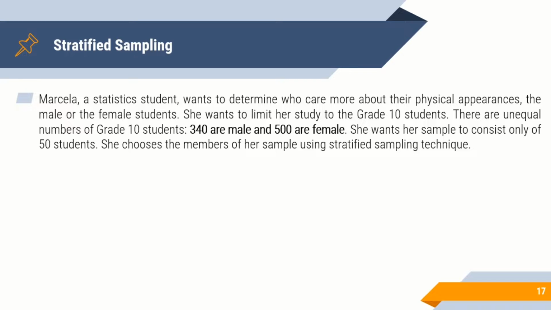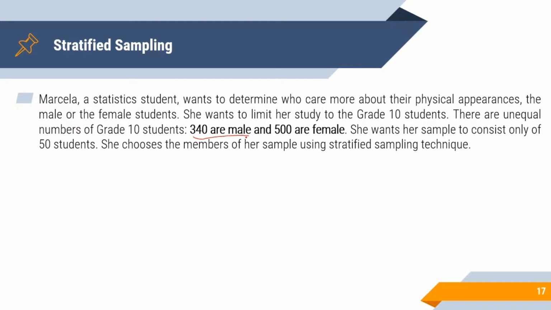So in this example, na-subdivide na yung population natin into two strata based on gender, which is the male and female. So since there are 340 male and 500 female, then it means that we have 840 students as the population.